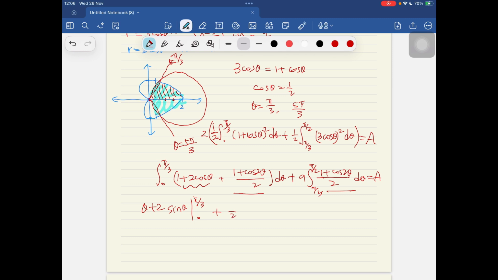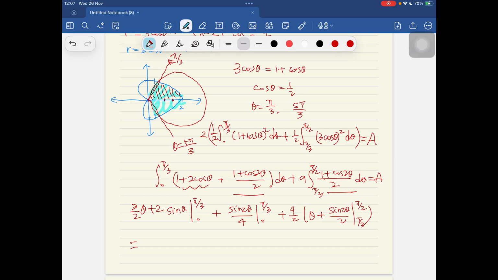So here 3 over 2 theta and sine double theta over 4, 0 to pi over 3, plus 9 over 2 theta plus sine double theta over 2, pi over 3 to pi over 2.